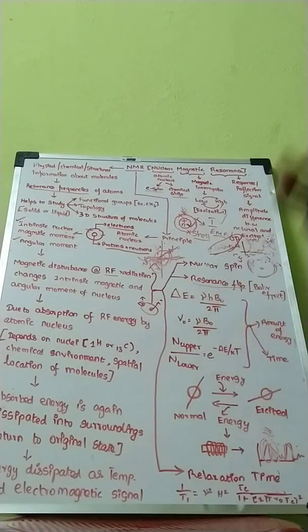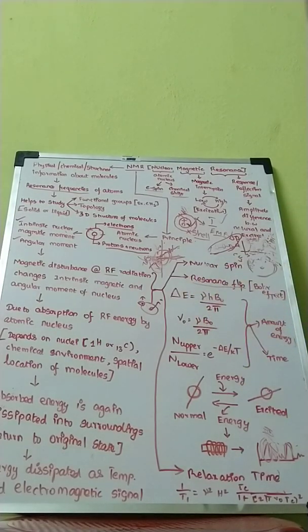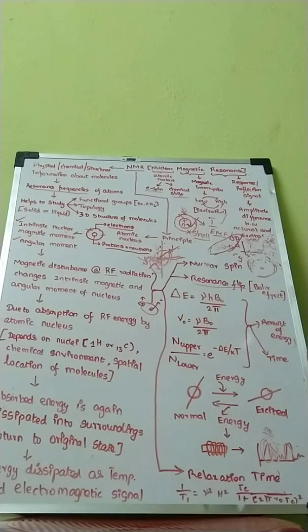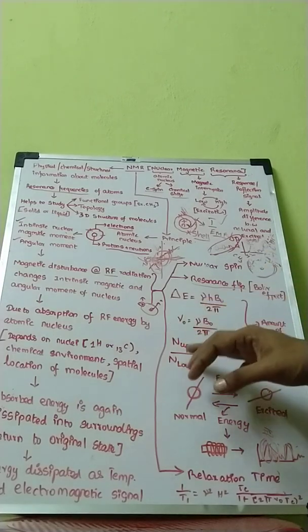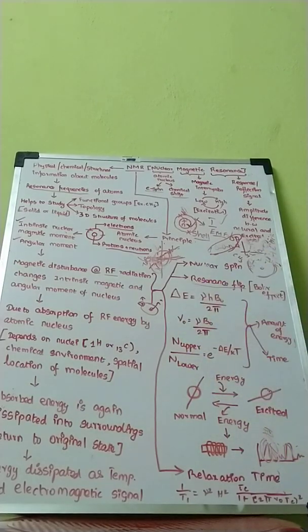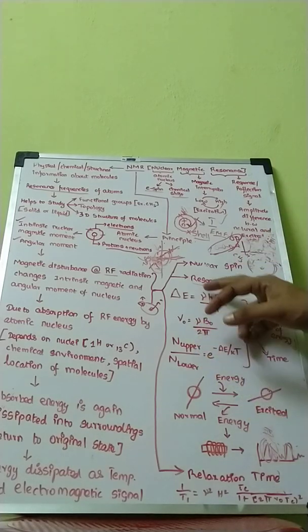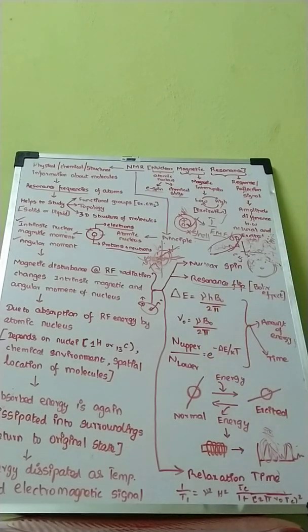One is delta E, the total energy level in the atom. Second one, V naught, that is the voltage potential, the electric potential of your excited atom. And third one, the difference between the excited atom and the lower state of the atom. So these three things are studied in this concept of resonance flip.